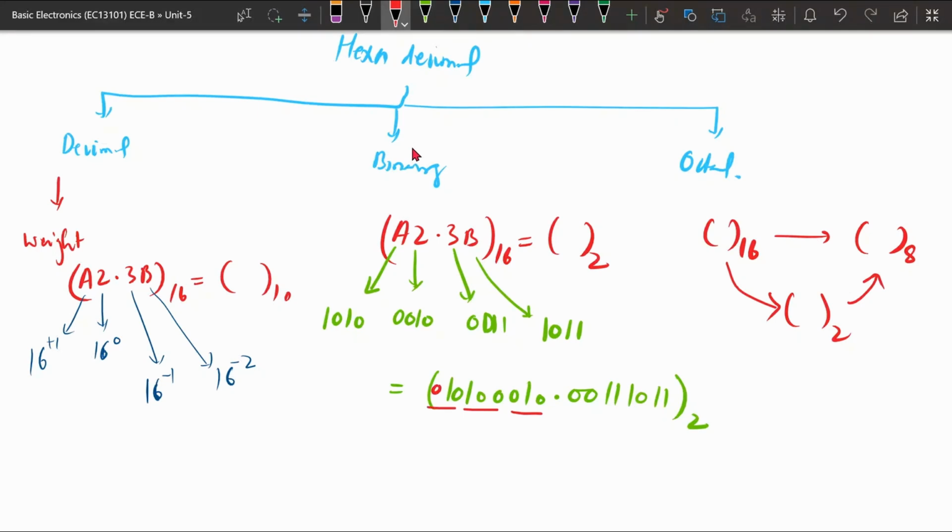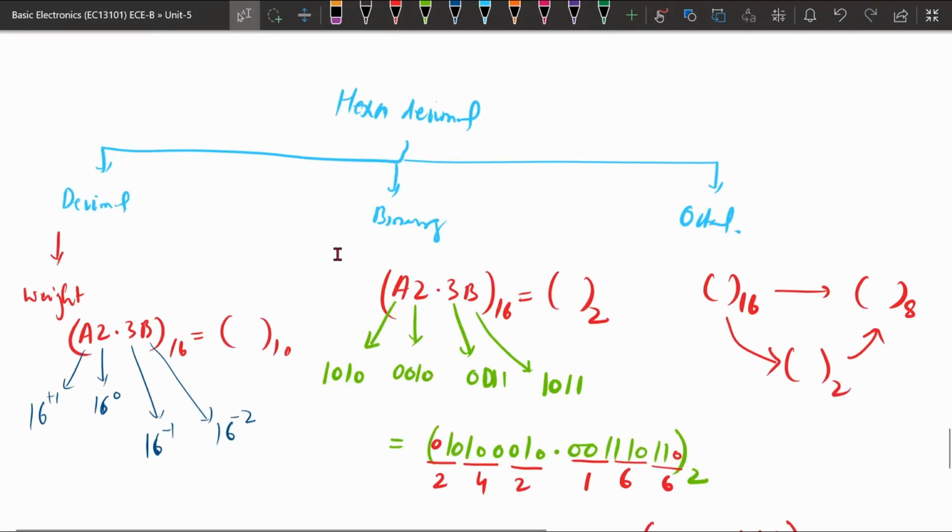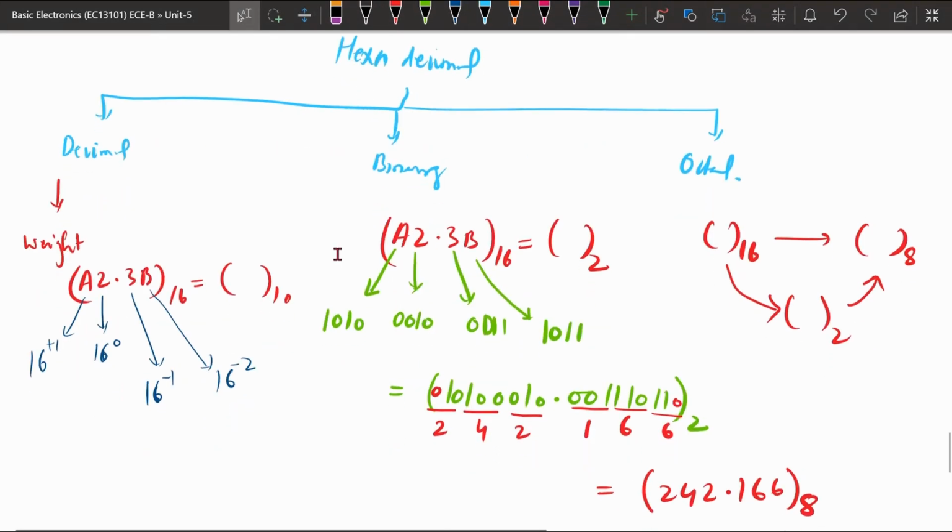So it is 010, that is 2, this is 4, this is 2. And we make the groups here: 1, 6, 6. So its equivalent octal will be 242.166 in octal. This is how we can convert between the different number systems.